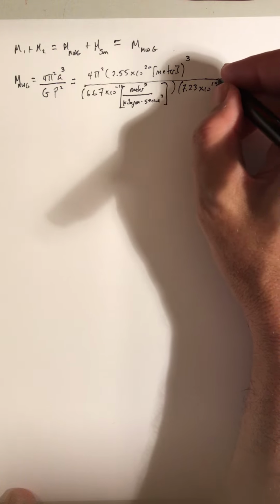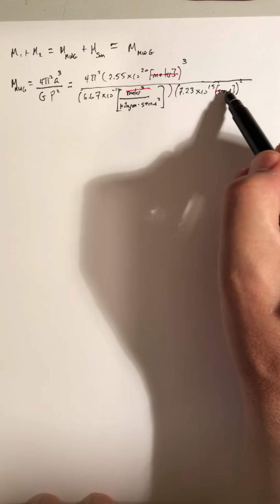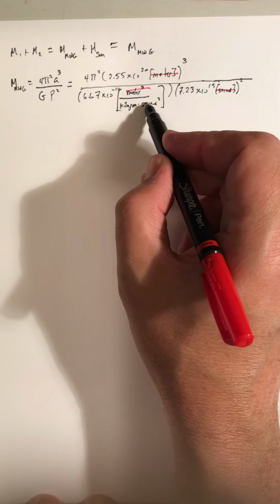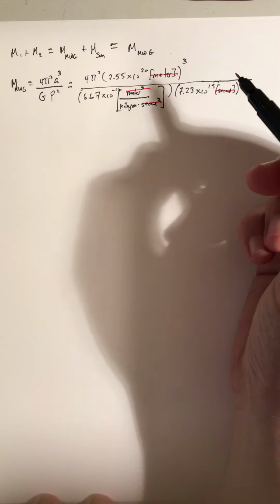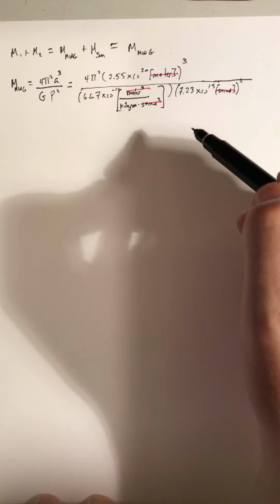We want to just pause for a second and make sure our units are going to work out. I have a meter cubed in the numerator, meter cubed in the denominator. Once I square this second, it's going to cancel out second squared there. And so this is units of 1 over kilogram, which is just a weird way of writing kilogram.